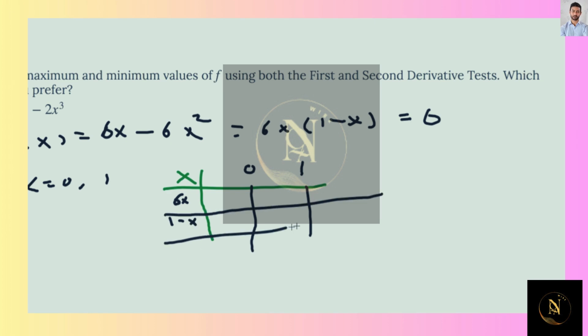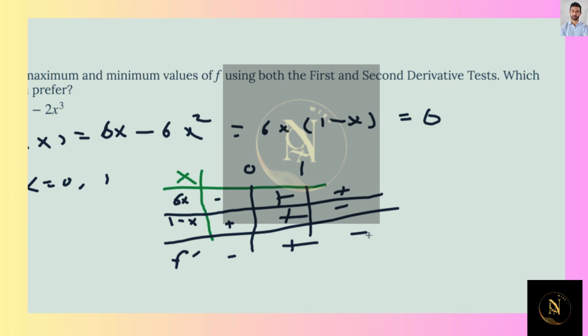And then when you multiply together, you get the sign of f prime. So 6x will be negative, positive, positive. And then 1 minus x will be positive, positive, negative. Now you multiply this through, and positive times negative is negative, positive times positive is positive, and positive times negative is negative.